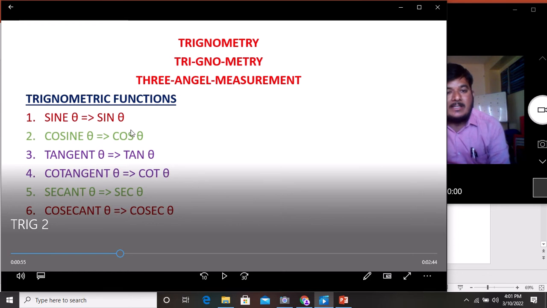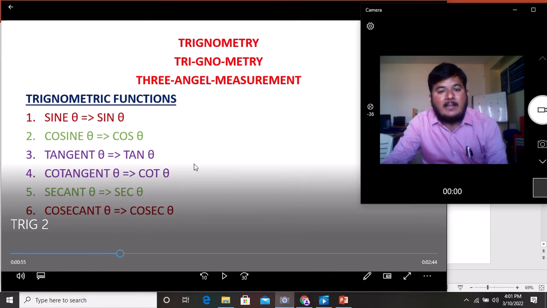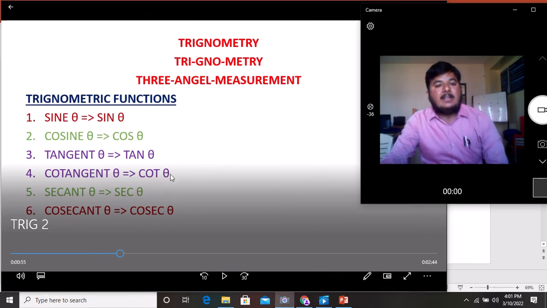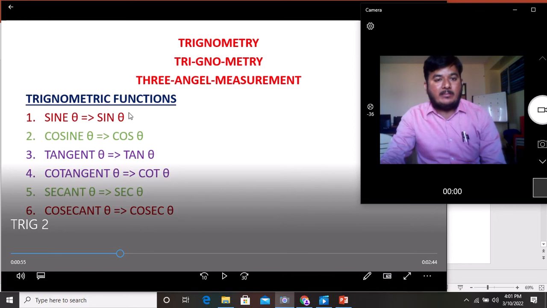Because there is a relationship between sin theta and cosecant theta, which is called the reciprocal relationship. This reciprocal relation means sin theta can be written as 1 over cosecant theta. Similarly, cos theta can be written as 1 over secant theta, and tan theta as 1 over cot theta. That's why I used the same color.